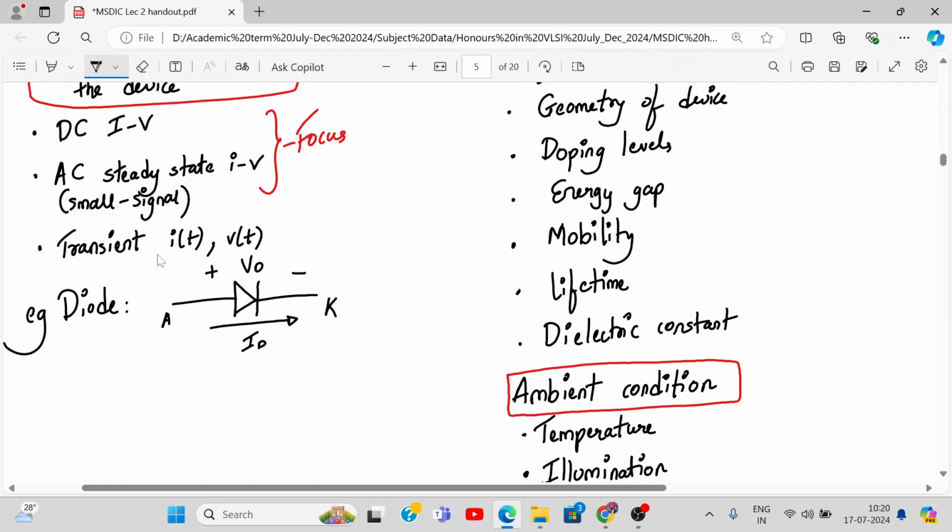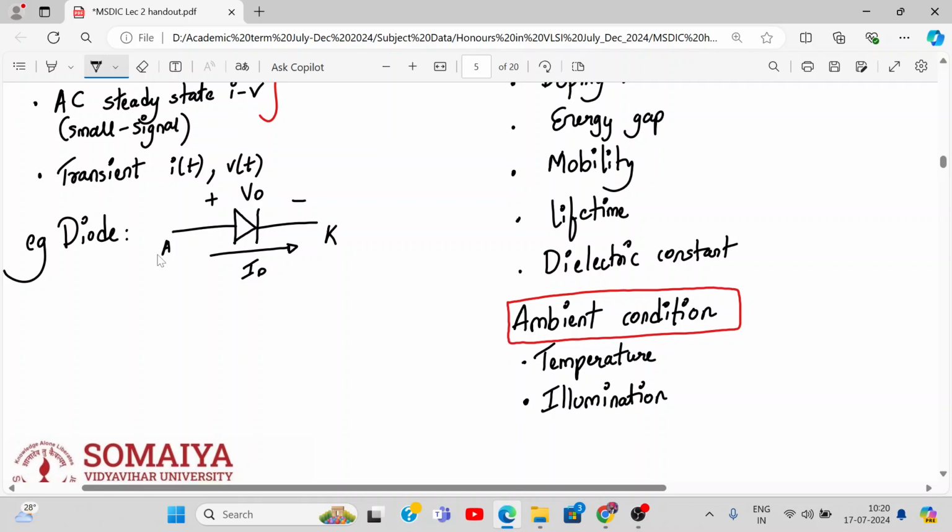Now if I want to plot the terminal characteristics of this diode, how will it look like? I guess you all know it from your previous knowledge of studying this device, maybe in grade 12 and even in school, right?